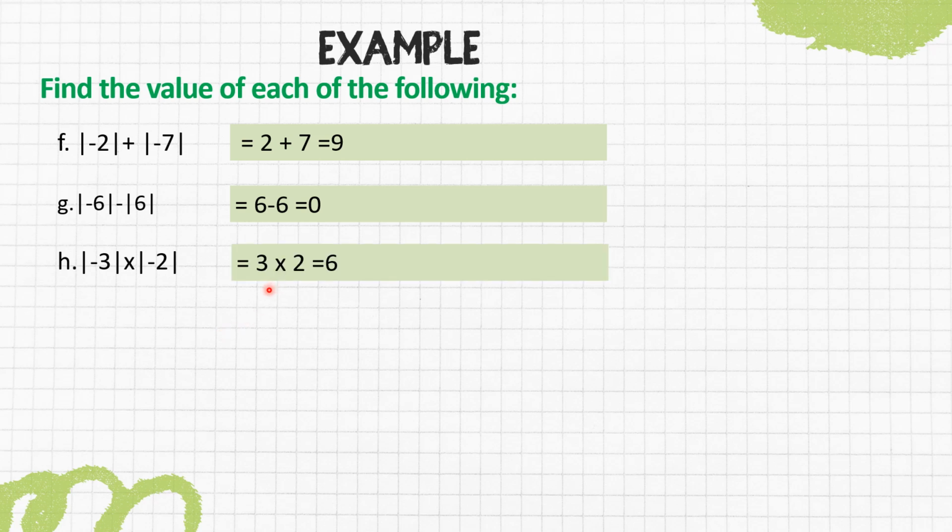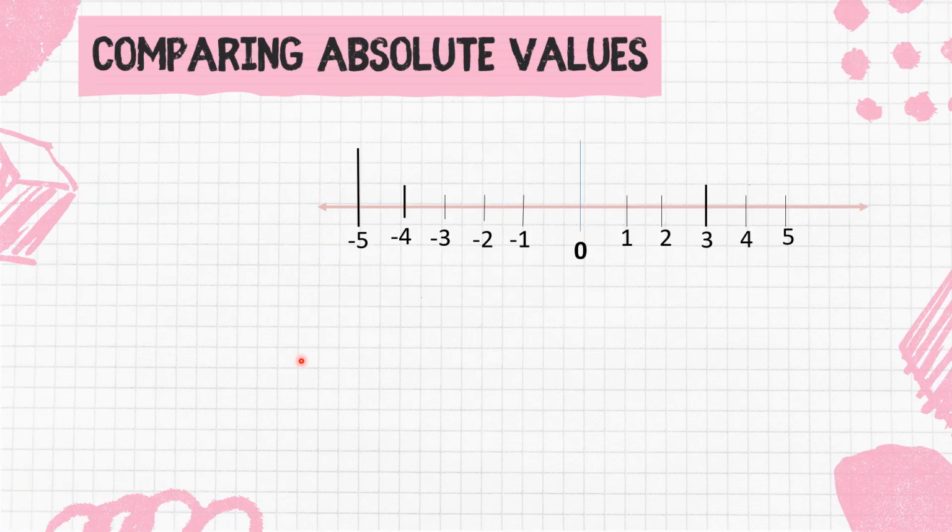Excellent. It is 3 multiplied by 2, equal 6. The absolute value of -10 divided by the absolute value of 2. What is the result? Yes, 10 divided by 2 equals 5.